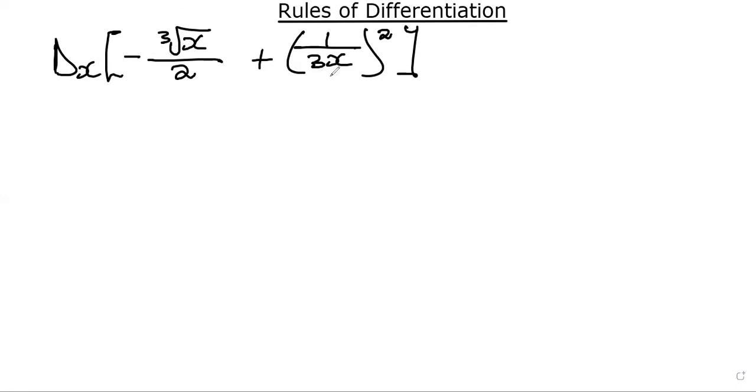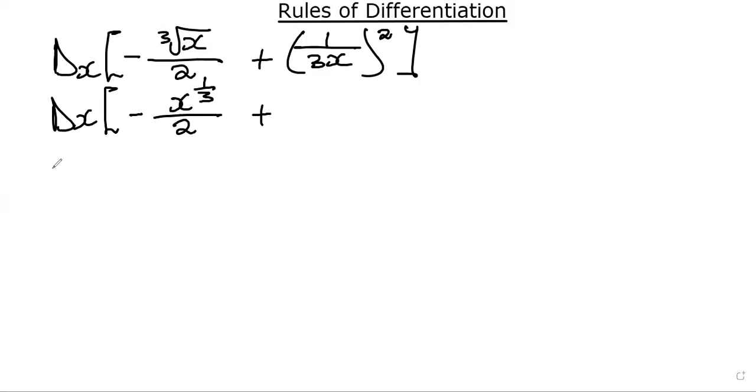We have a root sign, and the variable we are differentiating with respect to is in the denominator. So while we are getting everyone ready, we still keep the notation. We know that the cube root of x is the same as x to the power 1/3.